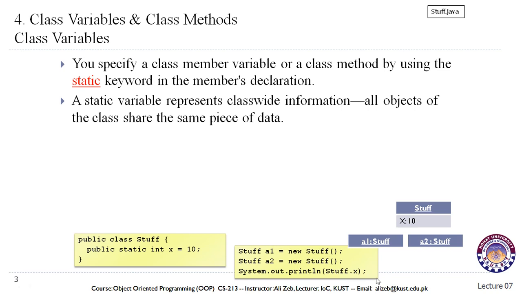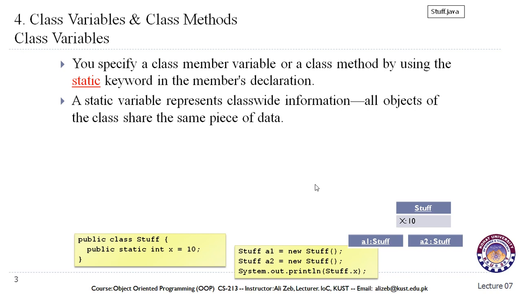We can also see that we can access the static variable that is declared as public over here with the name of the class, without declaring an object for the class. This was something that we weren't able to do with our instance variables. We needed to declare objects of the class to be able to access the public methods or the public variables in our class.